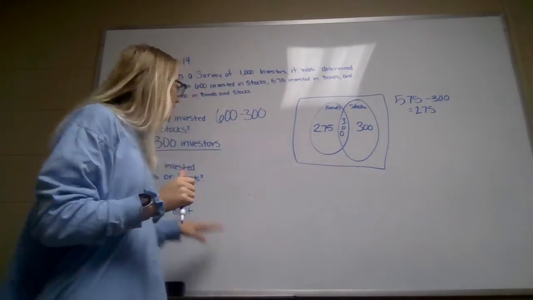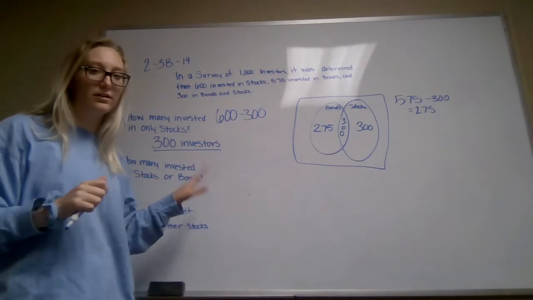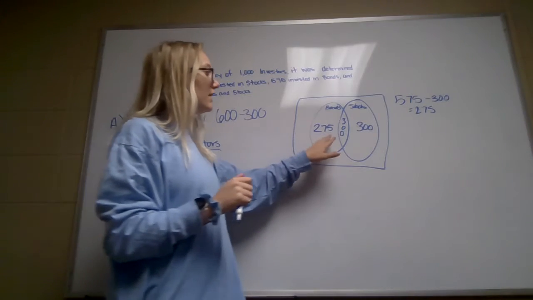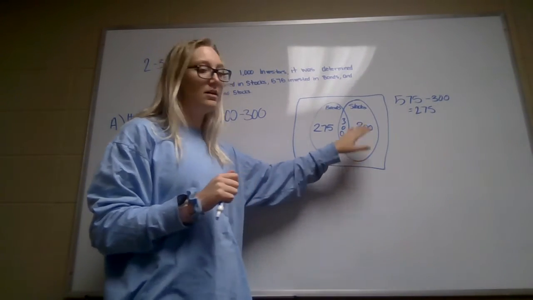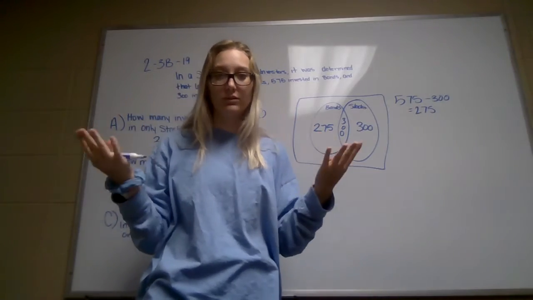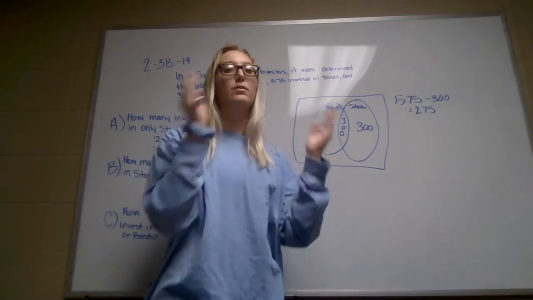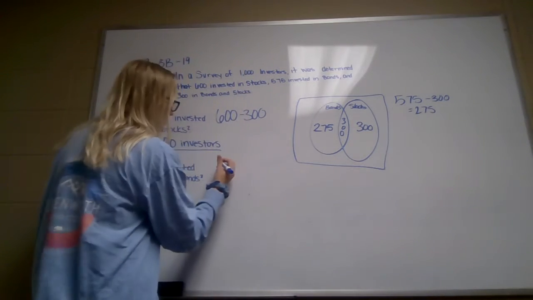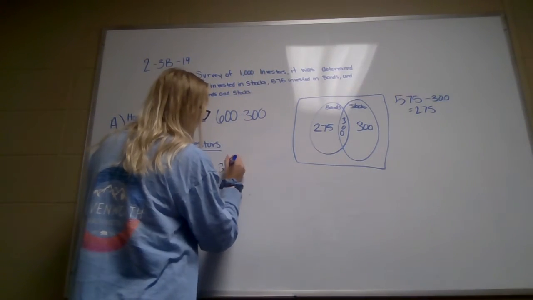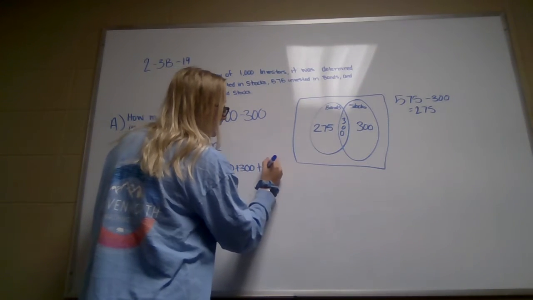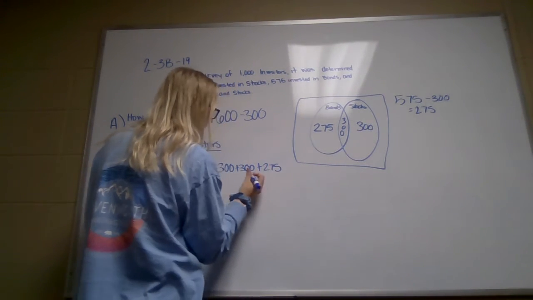Well, it's not telling us which category they're looking for. So we're going to add these all together to see how much we have all together, because or is inclusive, remember? So we have to add them all together because you never know which one they want. So 300 plus 300 plus 275.